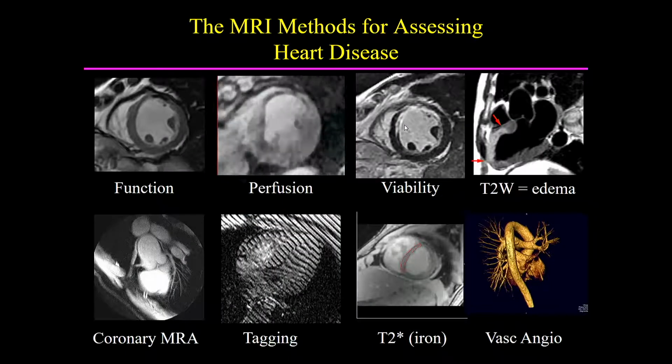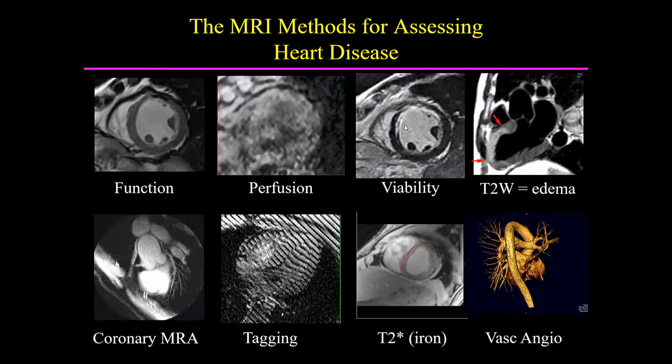So this slide illustrates the common pulse sequence methods in a routine cardiac examination. So you can see heart function, perfusion. Viability is the way to look at myocardial scar, also known as late enhancement imaging, or LGE, late gadolinium enhancement imaging, which you'll see a lot.